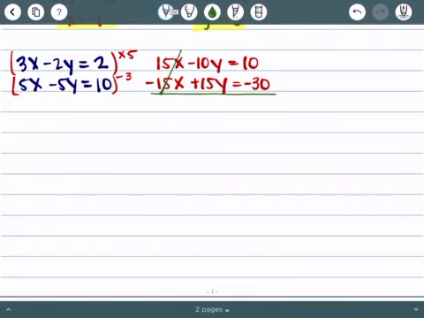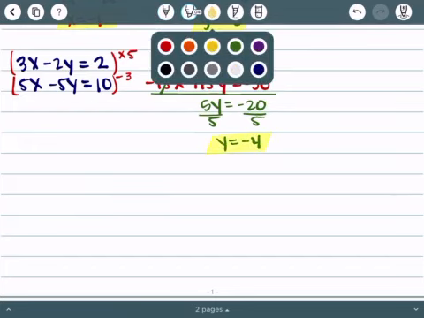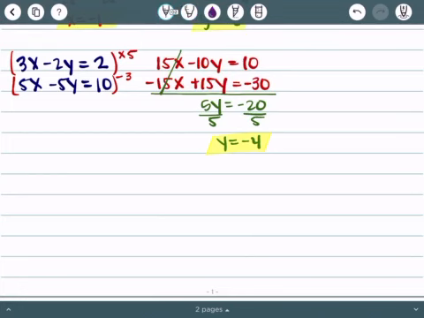That cancels, and I have 5y equals negative 20. Divide by 5, and y equals negative 4. So then I plug that in, and it does not matter which one. Actually, this one over here, all the way to the left, looks the easiest.